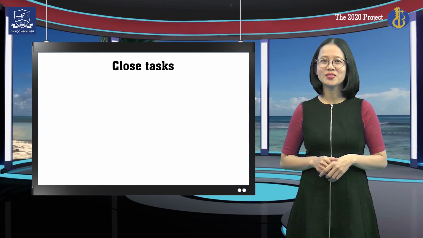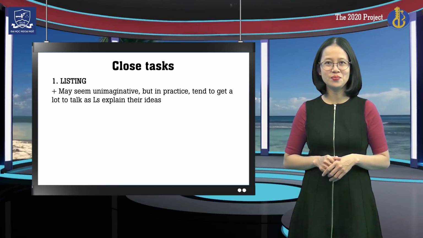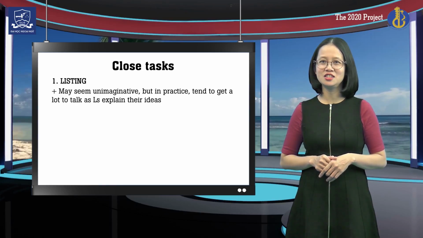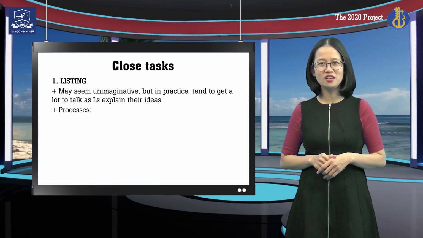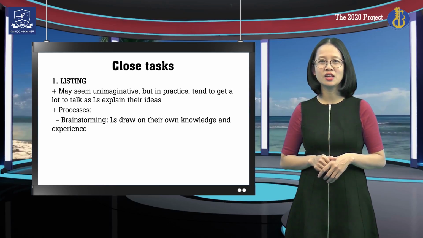The first one, listing. Listing may seem unimaginative, but in practice, listing tasks tend to get a lot of talk as learners explain their ideas. The processes involve brainstorming and fact-finding.